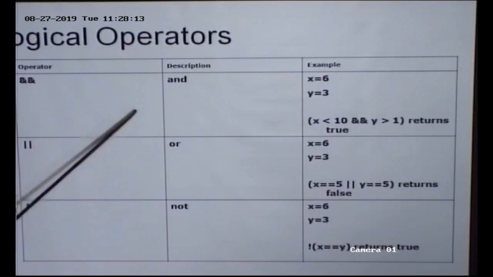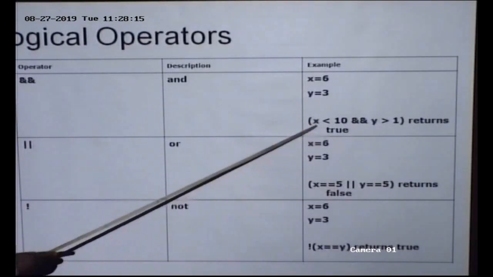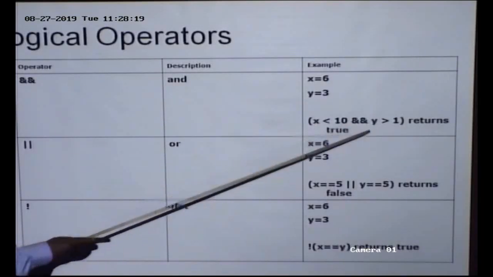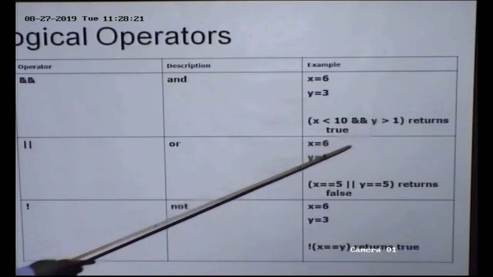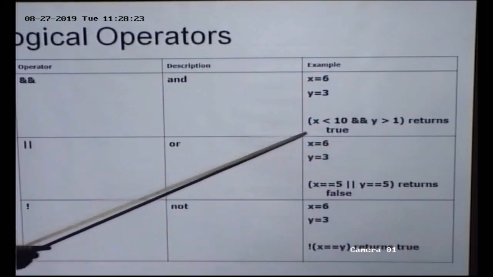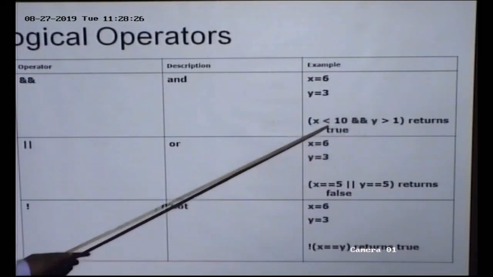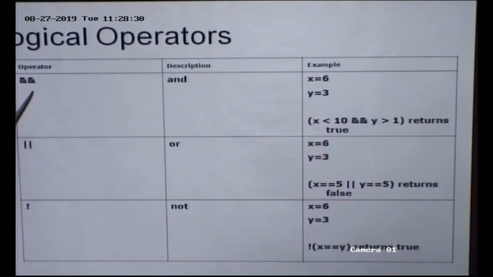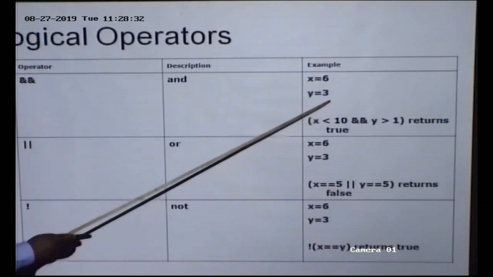So how is it applied? See here, we have one relational operator, a comparison operator, is less than, and another comparison, is greater than. If you want to take both conditions, you go for the logical AND. So here x equal to 6 and y is equal to 3.